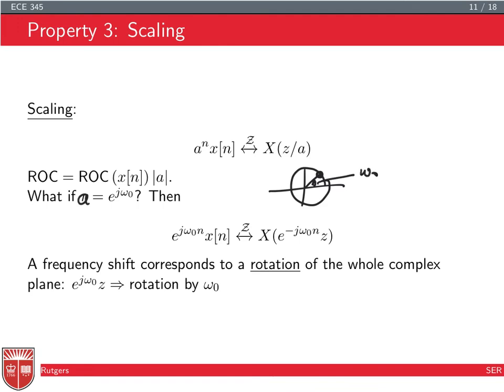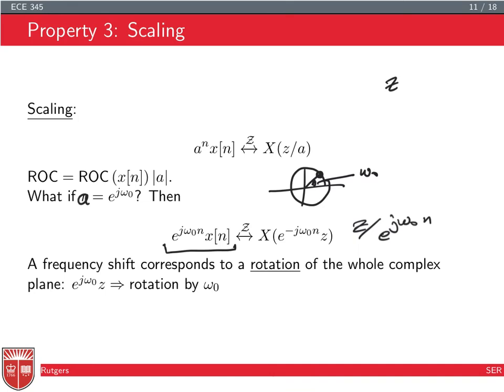When you multiply the signal by e to the j omega 0 n, and this is a formula that may be more useful than the general formula, then the Z transform is X of e to the minus j omega 0 times z. Because this is z by e to the j omega 0. So what you're doing is actually rotating the z plane. Why?